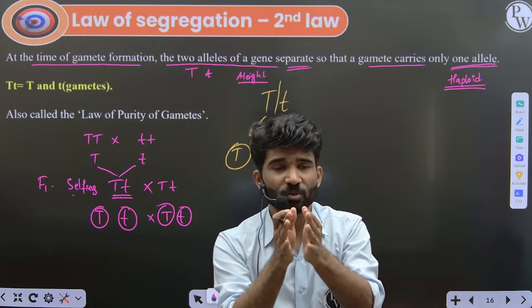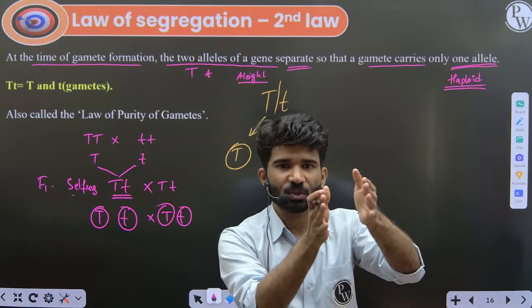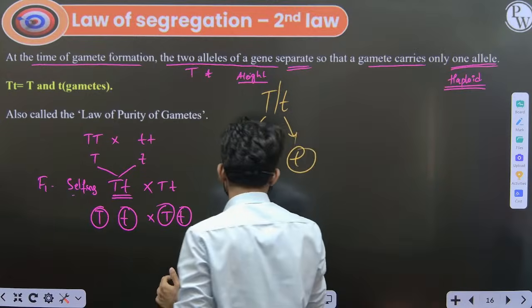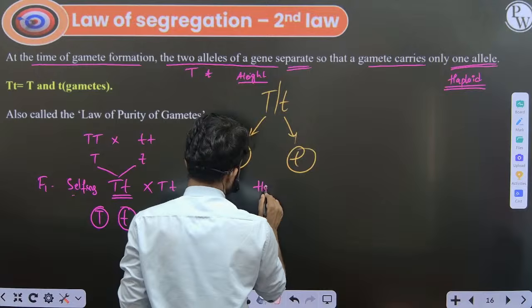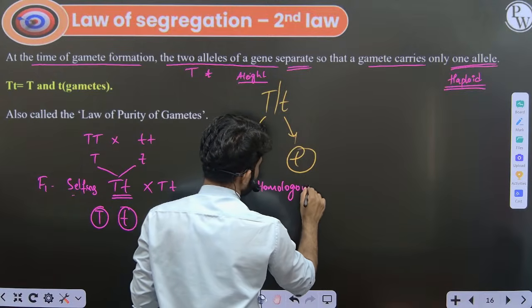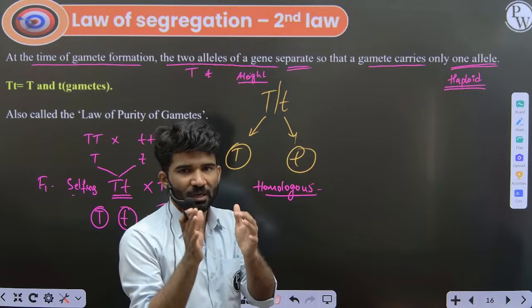Each pair of chromosomes, for example, if you take the first chromosome, is going to pair with the first chromosome of the maternal side, right? So you should understand what homologous chromosomes are. Homologous chromosomes are chromosomes having similar size and similar shape, so they are going to pair.